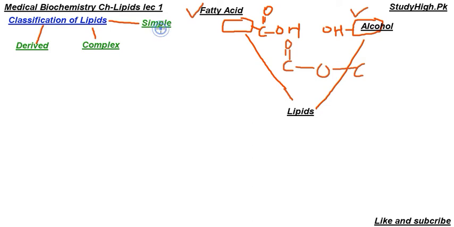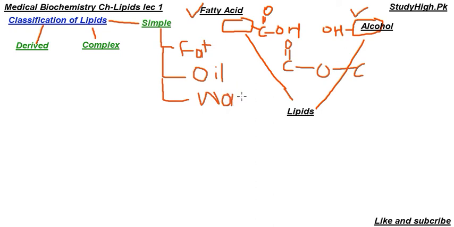The first type is fat, the second type is oils, and the third type is waxes. We classify simple lipids into three types: fat, oil and waxes.